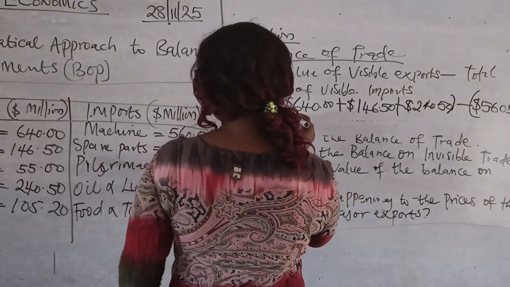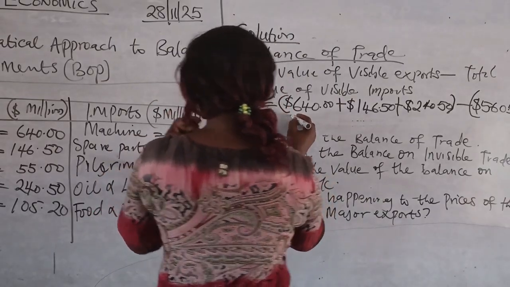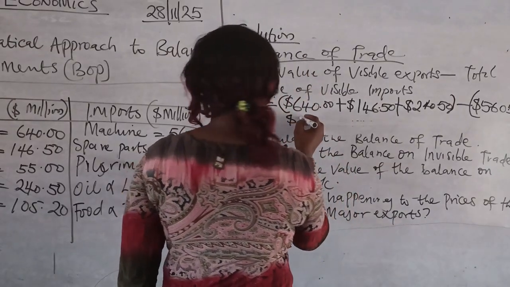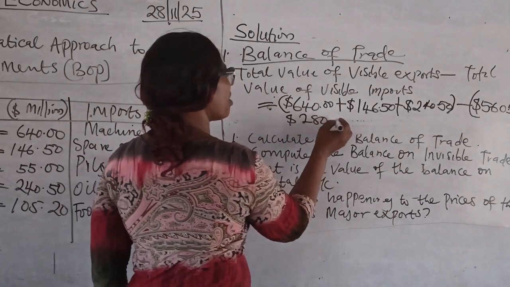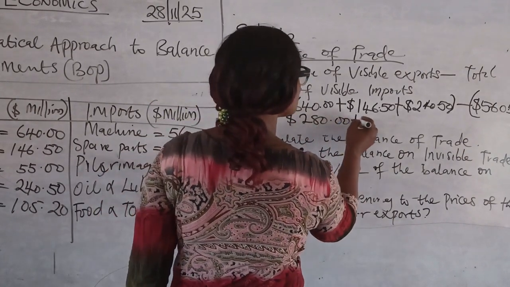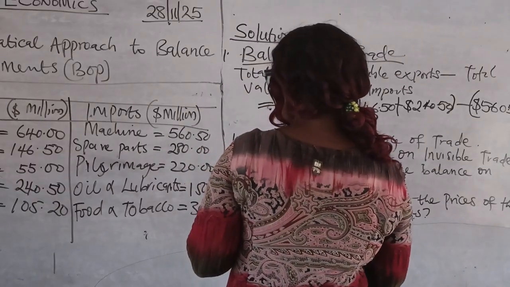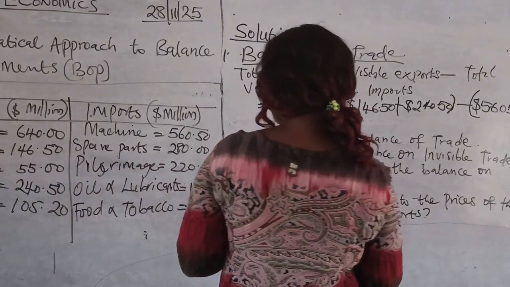And what again? We talk about spare parts. Spare parts is $280.00 million, plus what again that we can see? We can see oil.